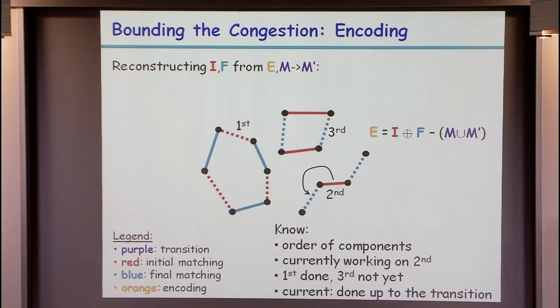Okay? So what this means is that the number of matchings through my transition is, let me say it again, the number of paths through my transition is bounded by the number of matchings, right? Every path is encoded by a matching.